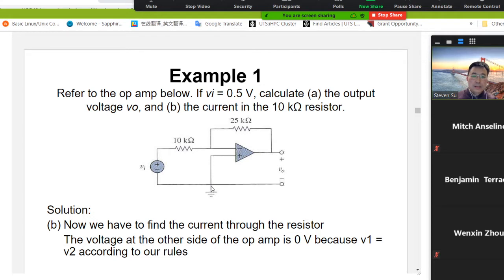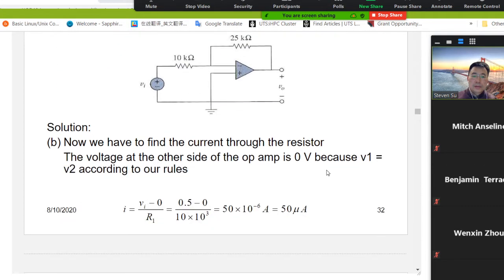So in that case, the voltage here is 0, and you can easily calculate the current. It's Vi divided by 10k. Vi is 0.5, divided by 10k is 0.05 milliamp, so it's 50 microamp.